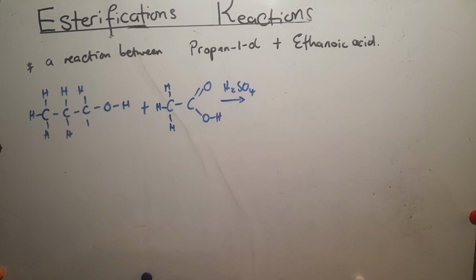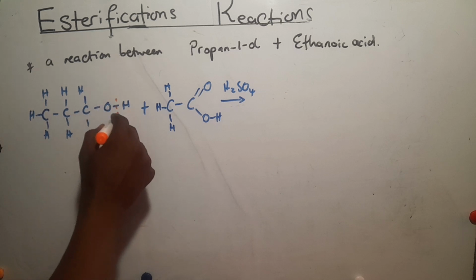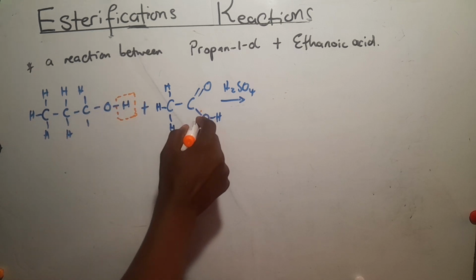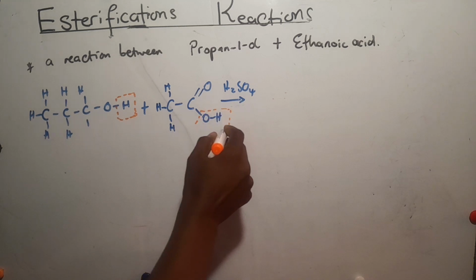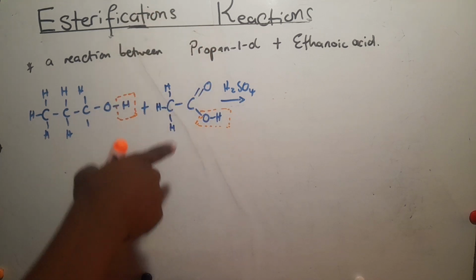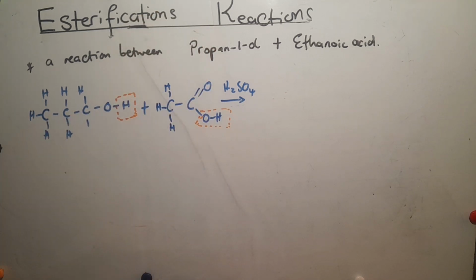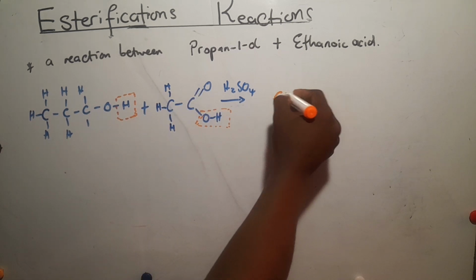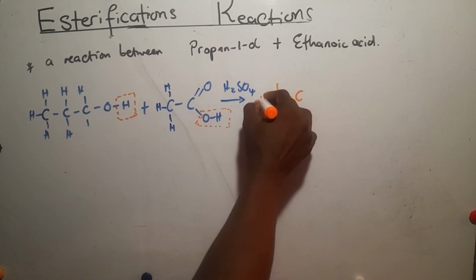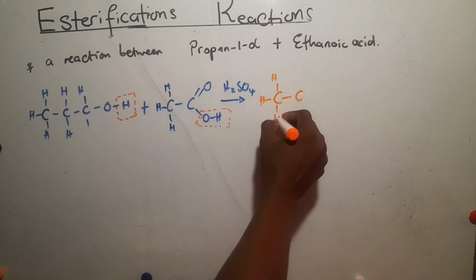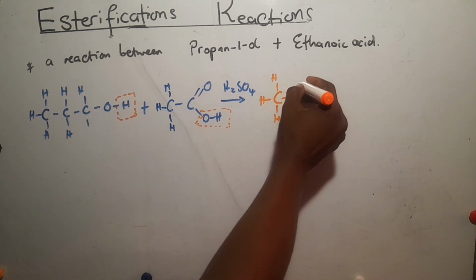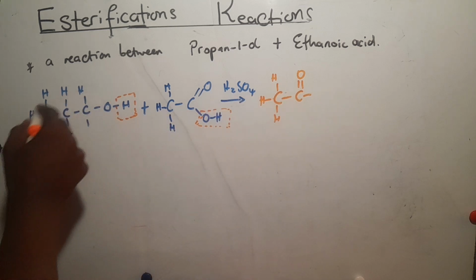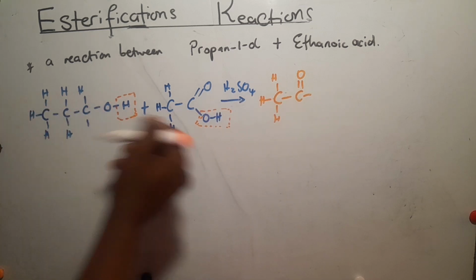So like we said, this oxygen, this hydrogen, will take out this oxygen and this hydrogen from the carboxylic acid, and they'll form water. So it means that now we are left with this with 2 carbons, but the C has the double bond of O, and it will join to this O that is coming from the alcohol.